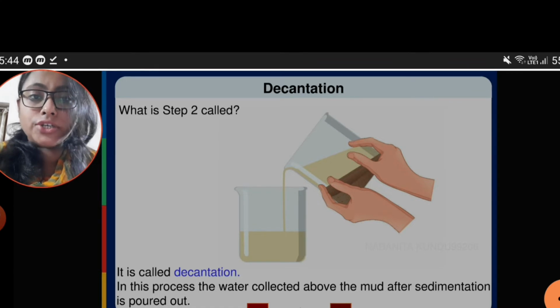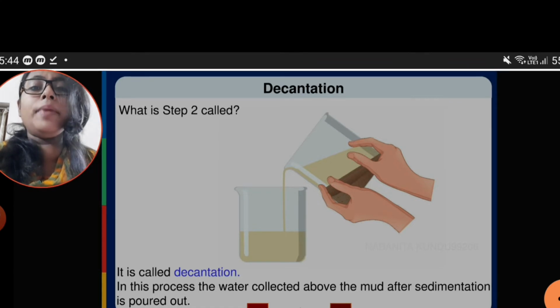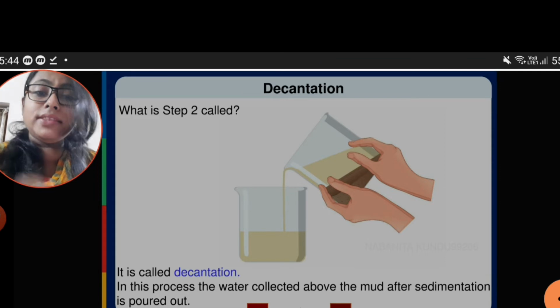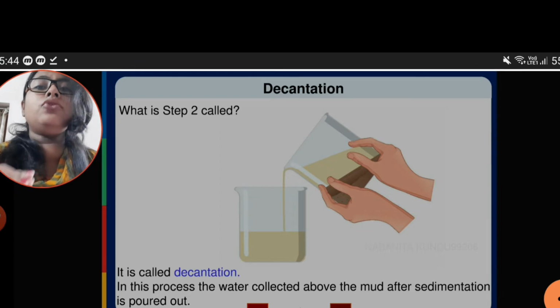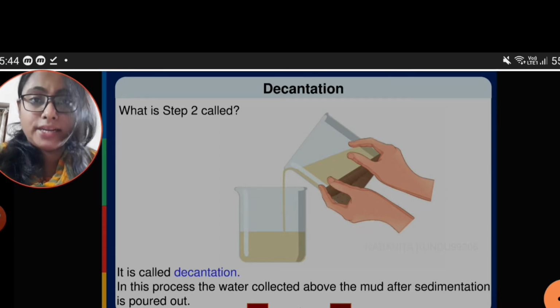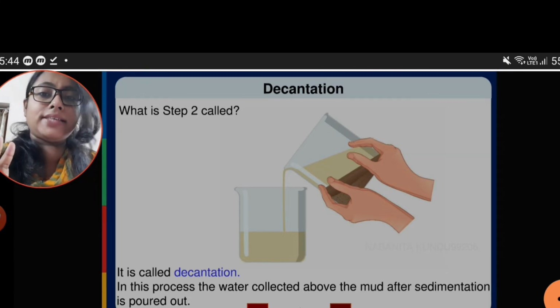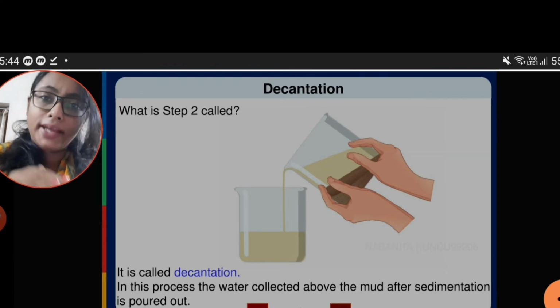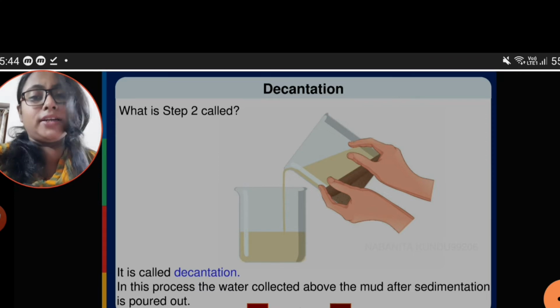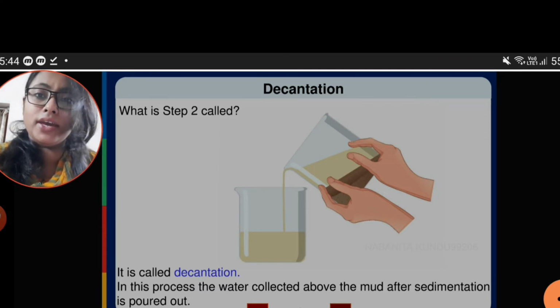So the next question you will write down is, what do you mean by decantation? In this process, the water collected above the mud after sedimentation, first you need to give time for the sedimentation, then the water collected on the upper side you take into another beaker. That is known as decantation. Okay, so let's move to the next process.